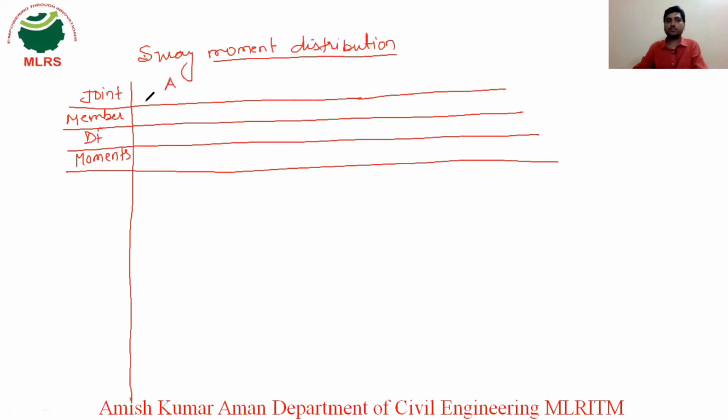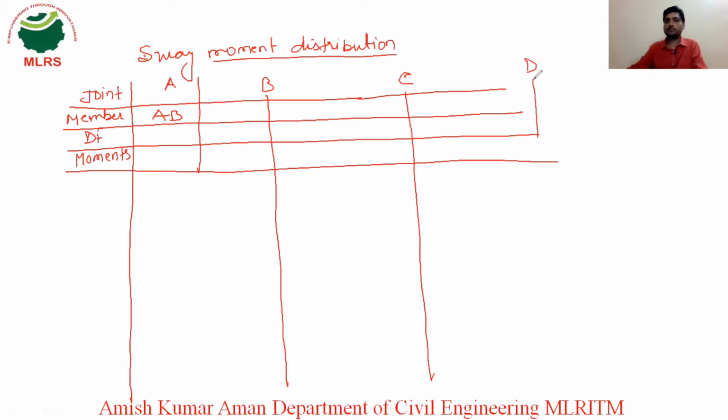This is A, so the member is AB. Here it is B, here it is C, and here it is D. AB, here BA, here BC, CB, CD, DC.